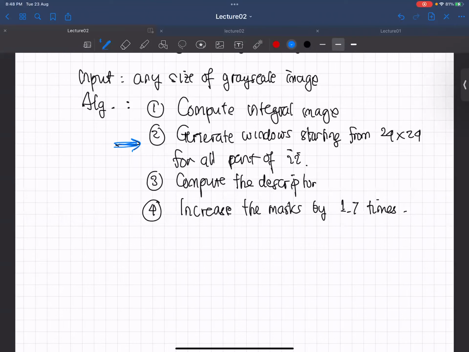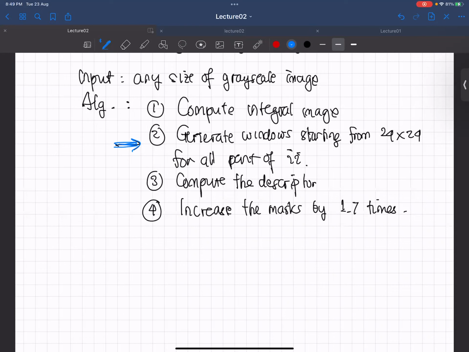Remember, if it is 24 by 24, one of the masks has to be 1 by 2. But now, if you want to increase the resolution of your face, then you have to increase the first mask that you have. No longer 1 by 2, but multiply that with 1.7. That will be your starting point, the starting size of your mask.